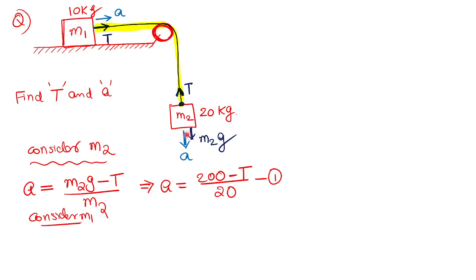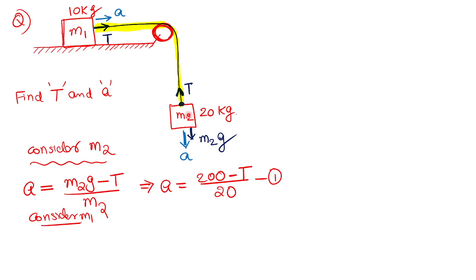I will repeat. In the case of M2, where is the motion of M2? Motion of M2 is along the vertical line. Vertical line means downward. Is it correct? Yes. So acceleration is given by the net force in the vertical line divided by mass.